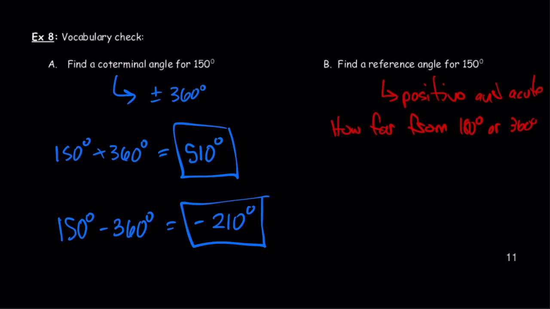So in this one, 150 degrees is in the second quadrant. My reference angle is this positive acute angle here. It's always drawn to the x. So basically, I just need to take 180 and subtract 150. So the reference angle is 30 degrees. There's no other reference angle for 150. It's 30, period. So there's just a quick illustration of the difference between coterminal and reference.